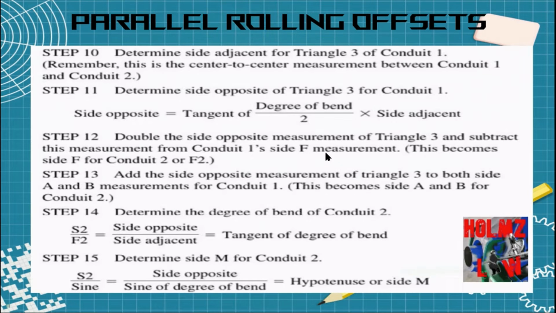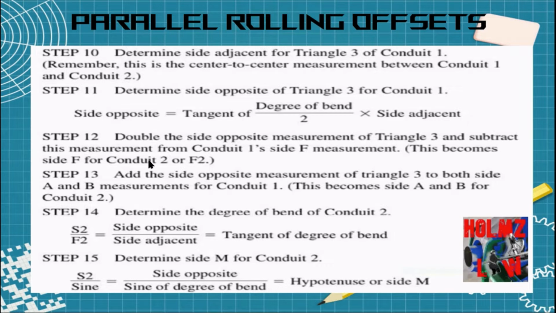Sorry about that. Now, step 12, double the size. This is when it starts to get a little tricky. Steps 10 to 15, I need you to pay attention, because this is where I might lose you and you might get a little bit confused.